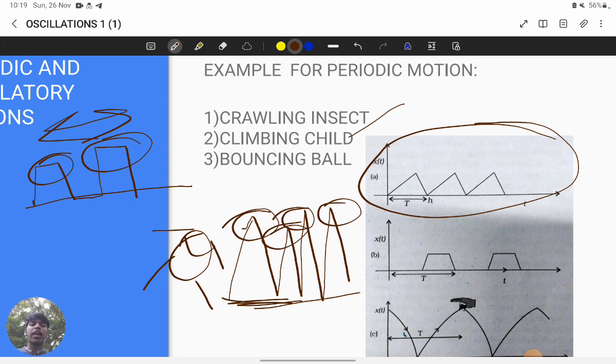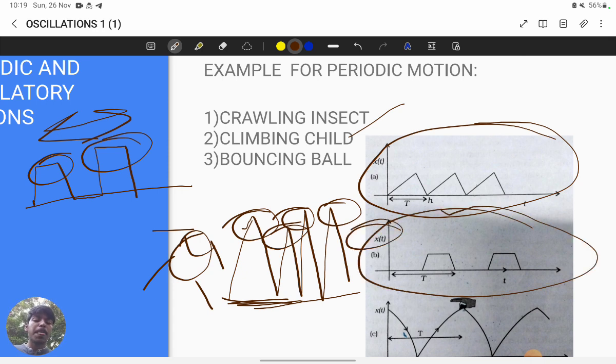In the x(t) graph, x is displacement and the t in brackets represents that displacement is changing with respect to time. Note this point, so that we can easily study these graphs.